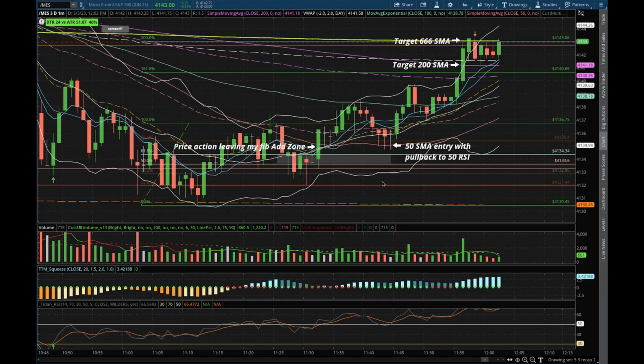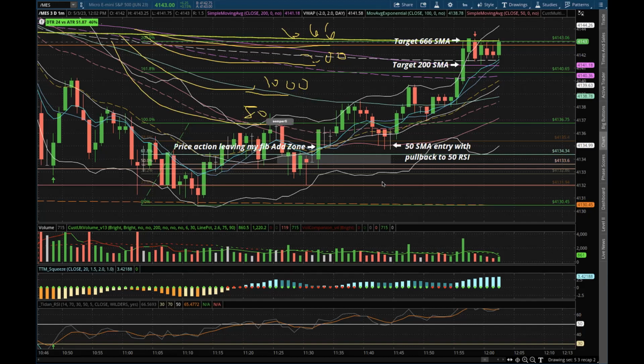So you have the 666, and then you have the 200 right here, and then you have the 100, and then you have the 50, and then let's just say you got the 10. You'll see the faster moving average is dropping almost straight down, right?